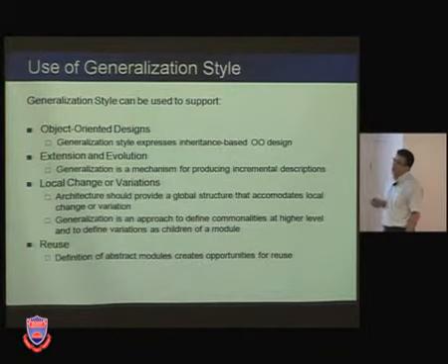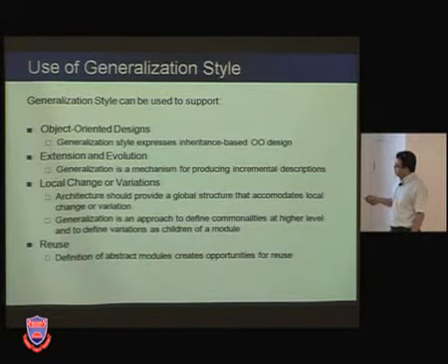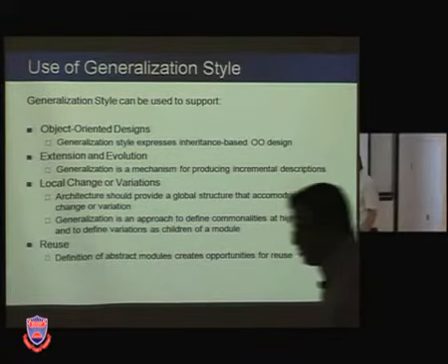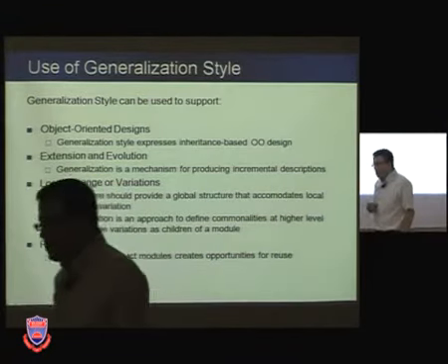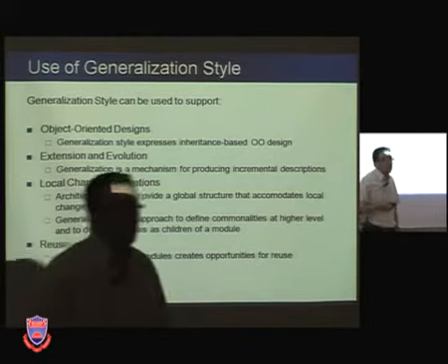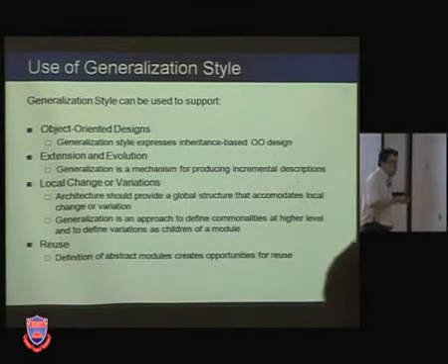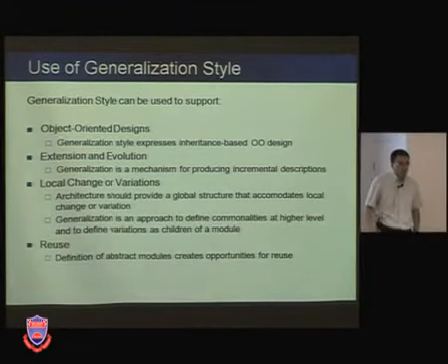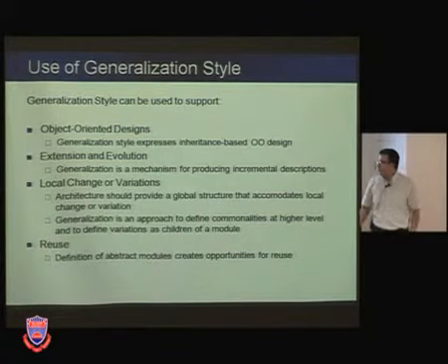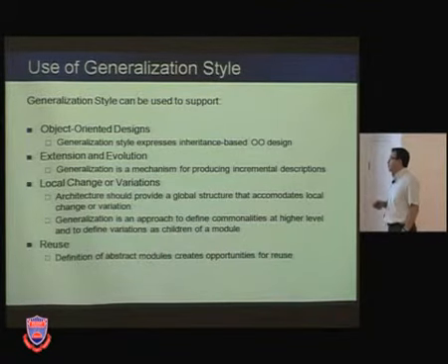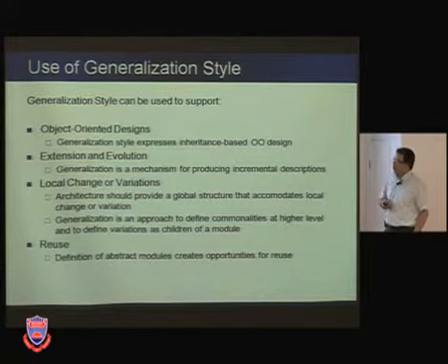By using the generalization view, you can define commonalities at a higher level by defining the subclasses, submodules. You can show what the variations are for each architectural component. Reuse: by defining abstract modules, you can create opportunity for reuse.